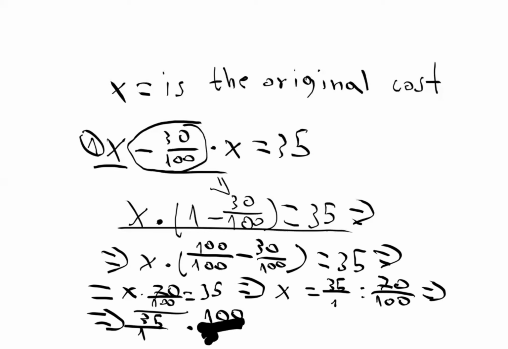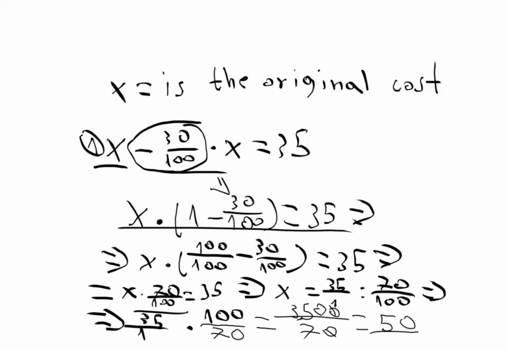I don't know what's going on. Sorry. I'll change the size of my drawing. Is 3,500 over 70, which is 50. The shirt originally cost 50.